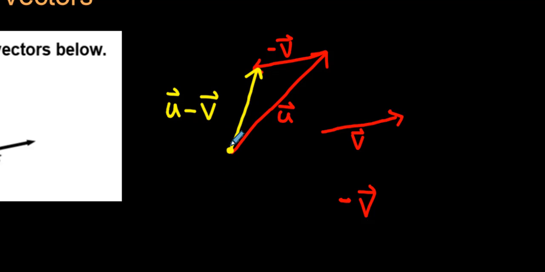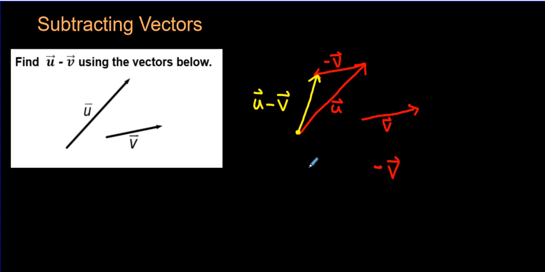Okay, this is our resultant vector here in yellow, and that's what your teacher would be looking for as an answer in this situation. Okay, we have just subtracted these two vectors. You add the opposite, so you take the opposite of what you have for the second vector, you change the direction, same length, but change direction, and put it together head to tail, and then you're done.